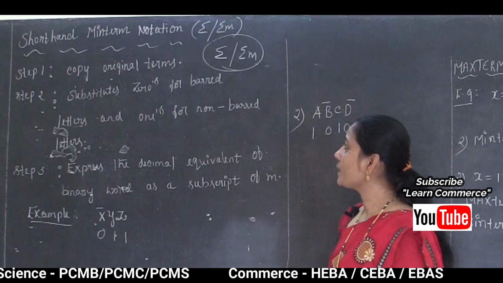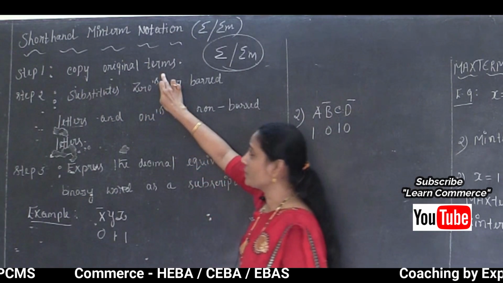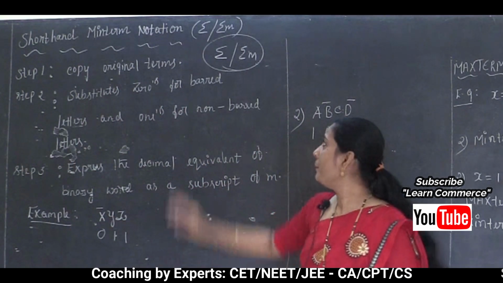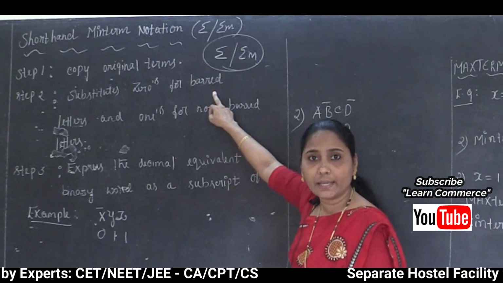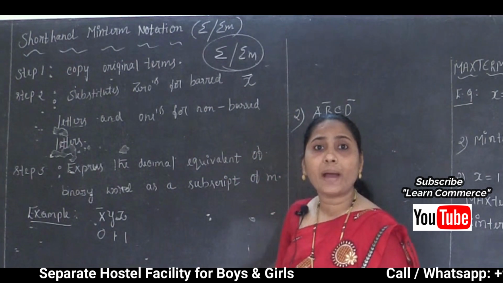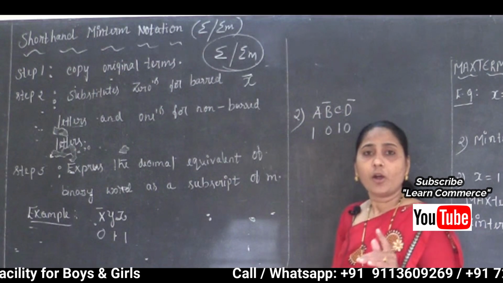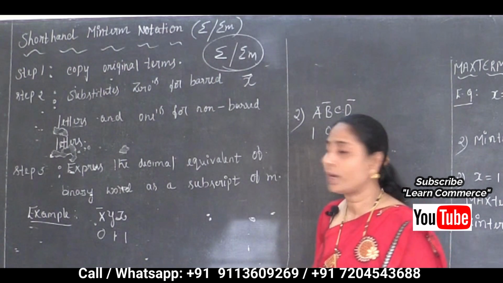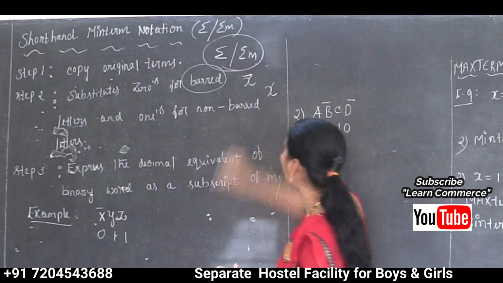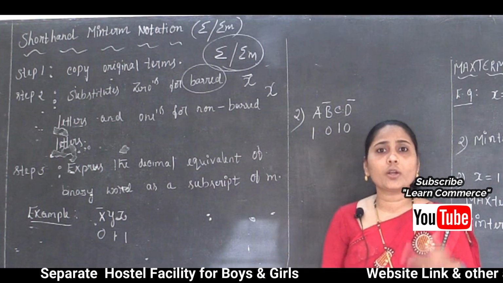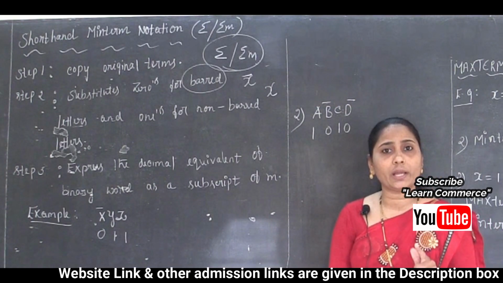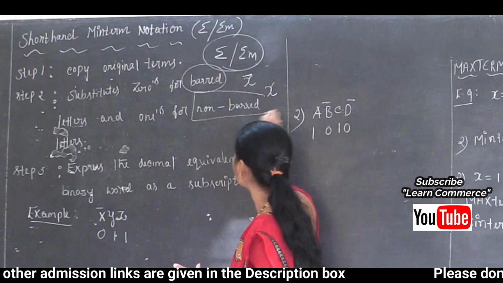Step one is to copy the original terms. Step 2, substitute zeros for barred letters. Barred letters means, if you are using the complement of x, x bar, or the complement of y, y bar, these are called barred letters. And if you are using x or y or z without complementation, they are called non-barred letters.